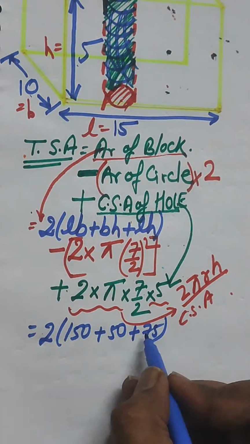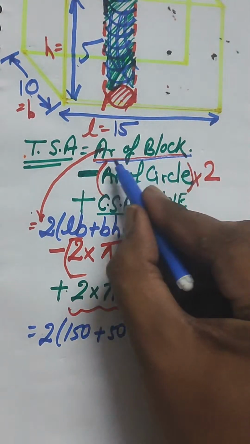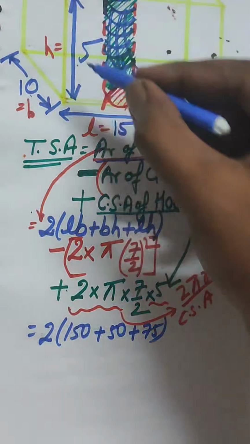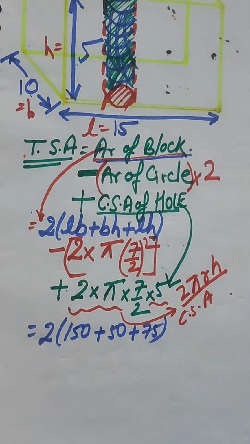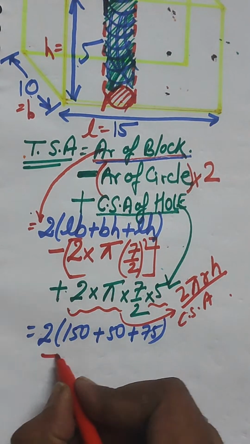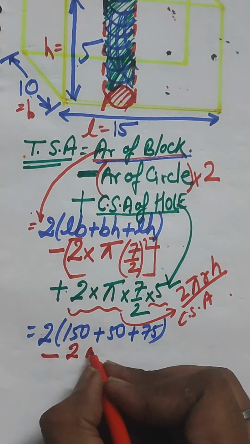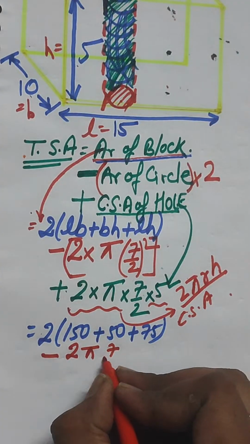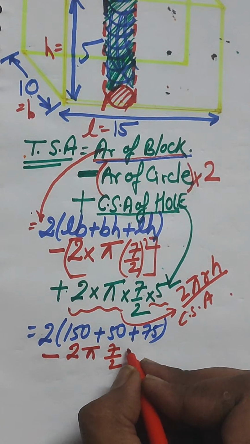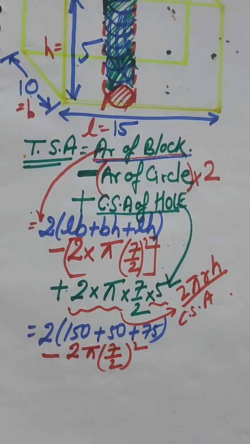So this will be the total surface area of the block, minus the area of the circles, that is 2 into pi into 7 by 2 whole square, right?